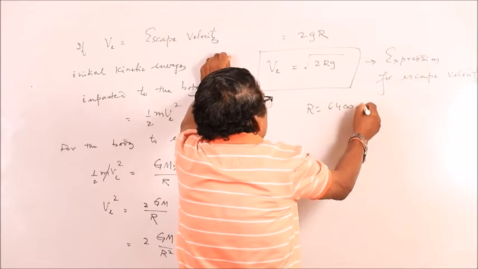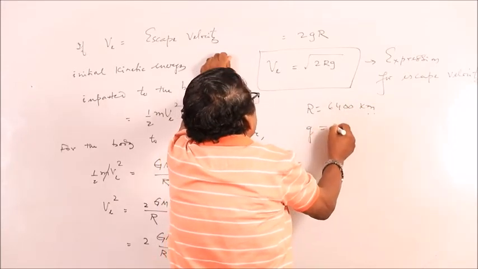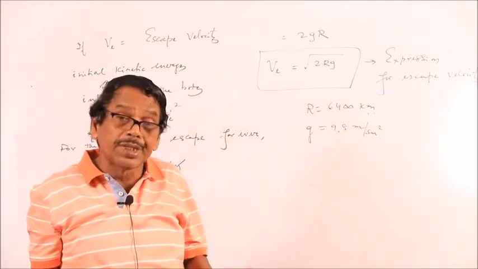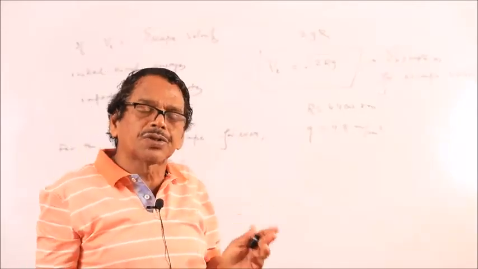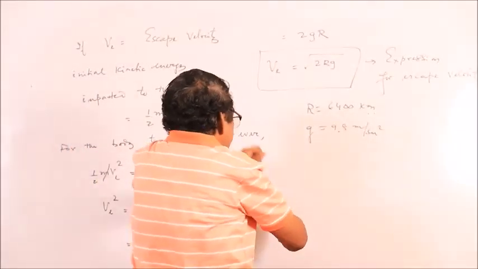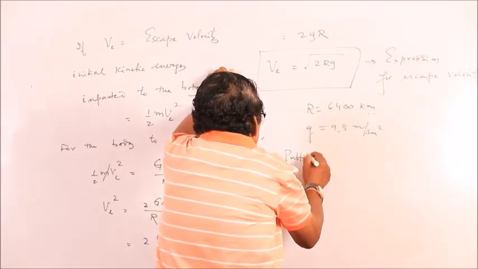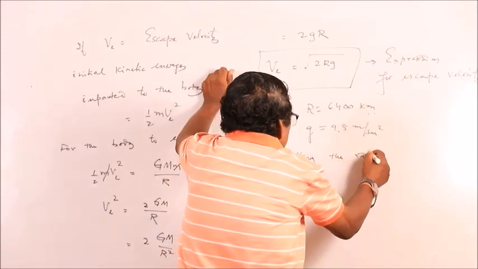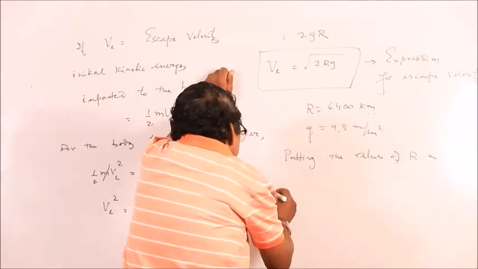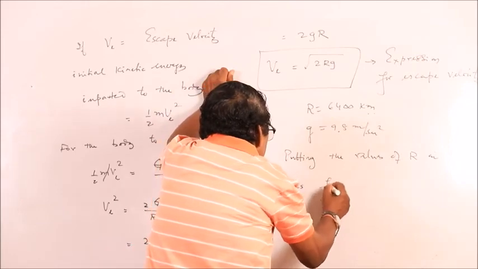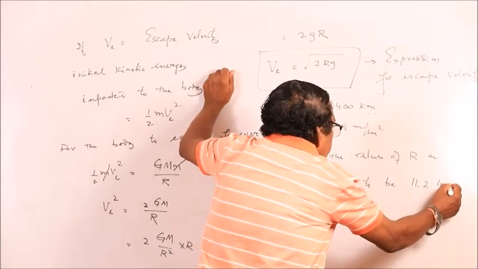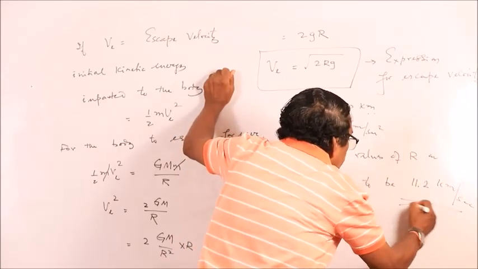What is the value of R? 6400 kilometers, the radius of earth, and g is 9.8 meters per second square. Putting the values of R and g, the escape velocity from the surface of earth is calculated to be 11.2 kilometers per second.